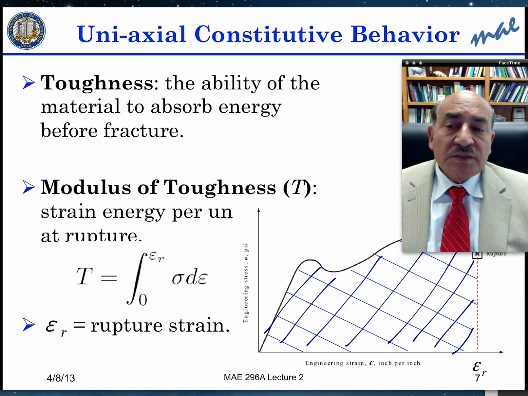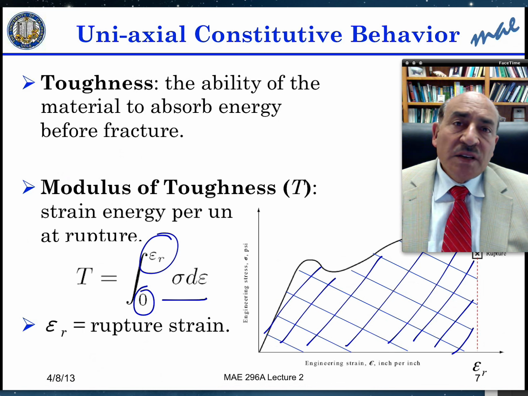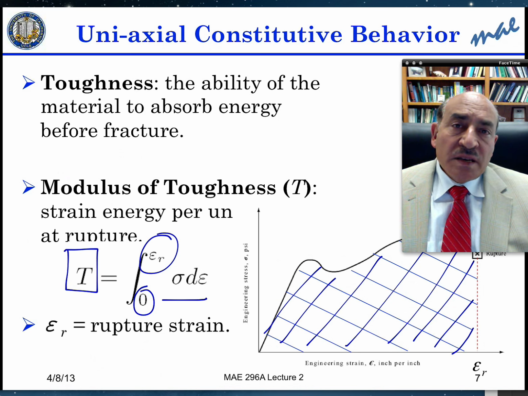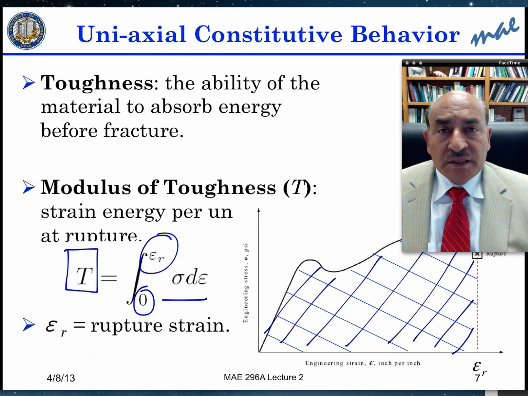This area is the integration of sigma times d epsilon, from the beginning of the experiment, where the strain was 0, to the end of the experiment, where the strain was the rupture strain. We call this integrated amount of work T, the modulus of toughness of the material. So if you are designing materials that have to withstand crash applications, then you would select materials with the highest modulus of toughness possible.